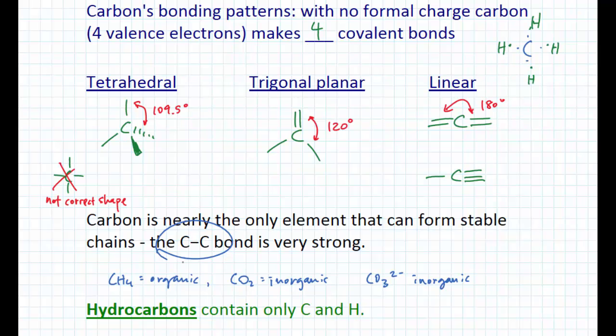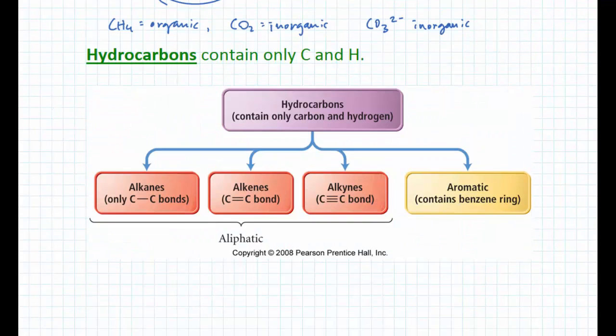And because that carbon-carbon bond is very strong, almost no other element has very strong bonds to another atom of its same type. Okay? So the carbon-carbon bond is stronger than the HH bond or the OO bond or the NN bond, for instance. Okay? So it's pretty much the only element that you can make big, long chains out of.